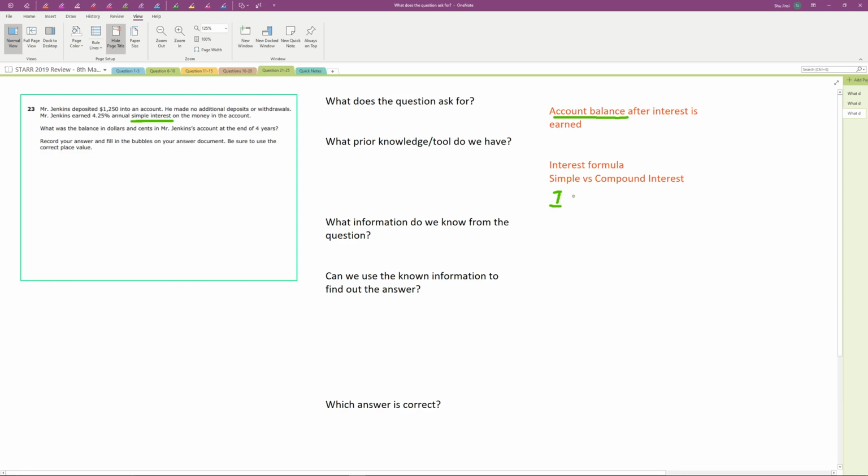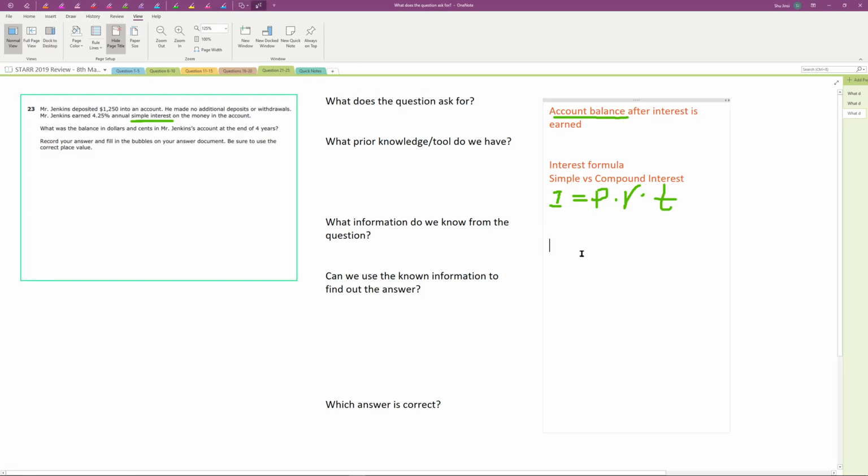So you have to be careful to choose between the simple and compound interest formulas. The simple interest formula says I equals P times R times T. I is the interest, P is the principal, R is the interest rate, and T is the time in years. So what do we know from the question?